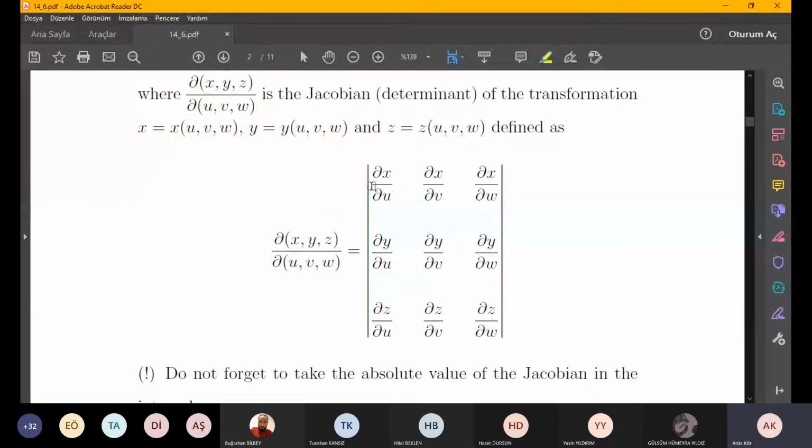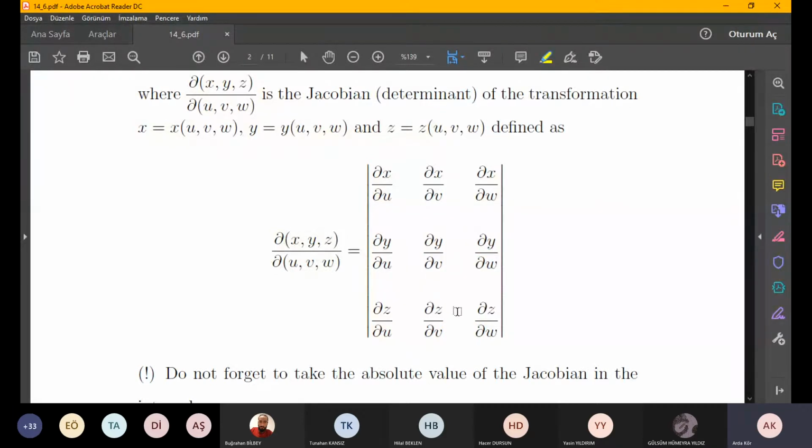The first row is the partial of x with respect to u, v, and w. The second row is the partial derivatives of y with respect to u, v, and w respectively.